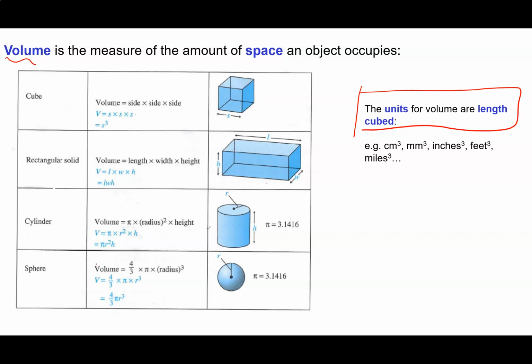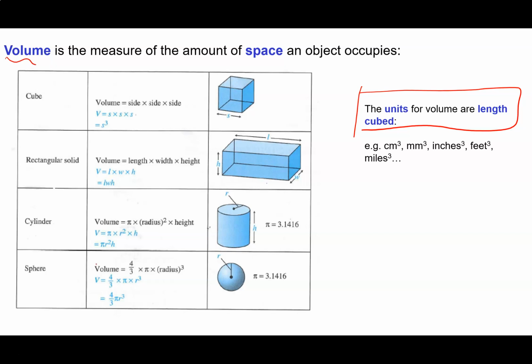And if you think about the units in all of these formulas, you would come to the conclusion that it's always three lengths being multiplied together. So that's how things are meant to be.